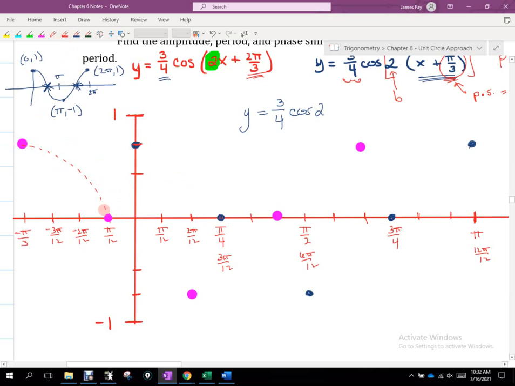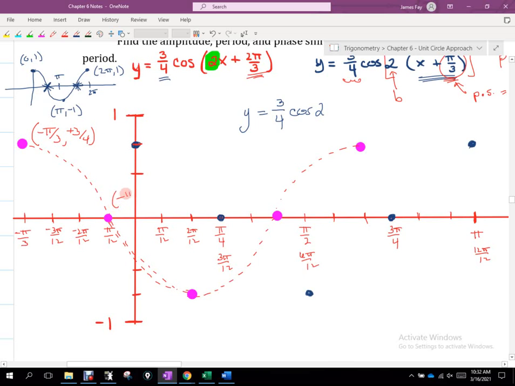Obviously, just like any other sine or cosine curve, we're still looking for that smooth, gradual curve. Is that all right? If we needed to, we could go back to negative pi over 3. This point would be then at positive 3/4 for the y value.